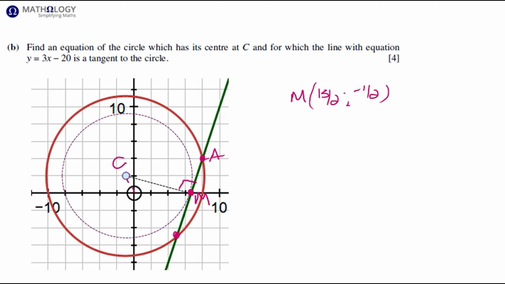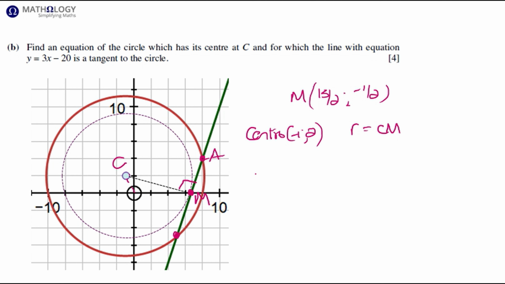We now need to find the equation of the smaller circle. So the center of the circle is the point minus 1, 2. And we need to know the radius, which is the length of CM. And we know we've just determined the coordinates of M, 13 over 2, minus 1 over 2.